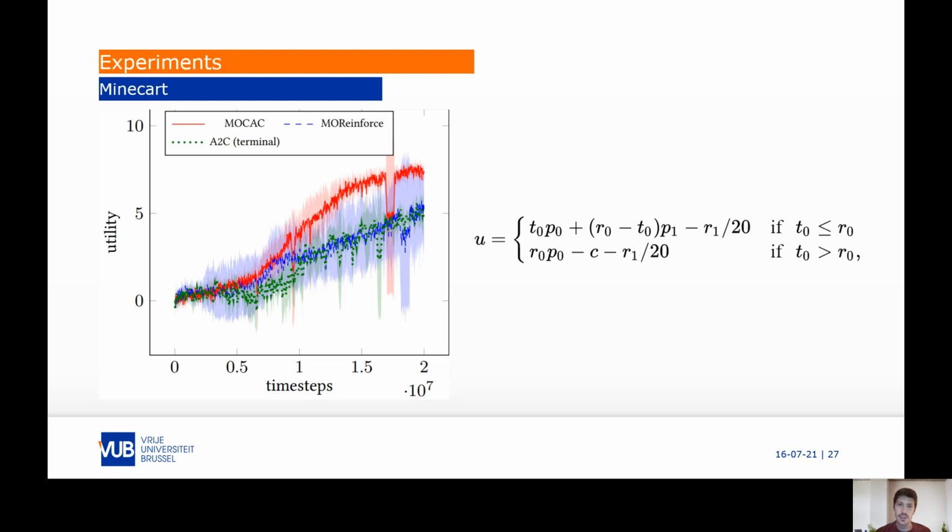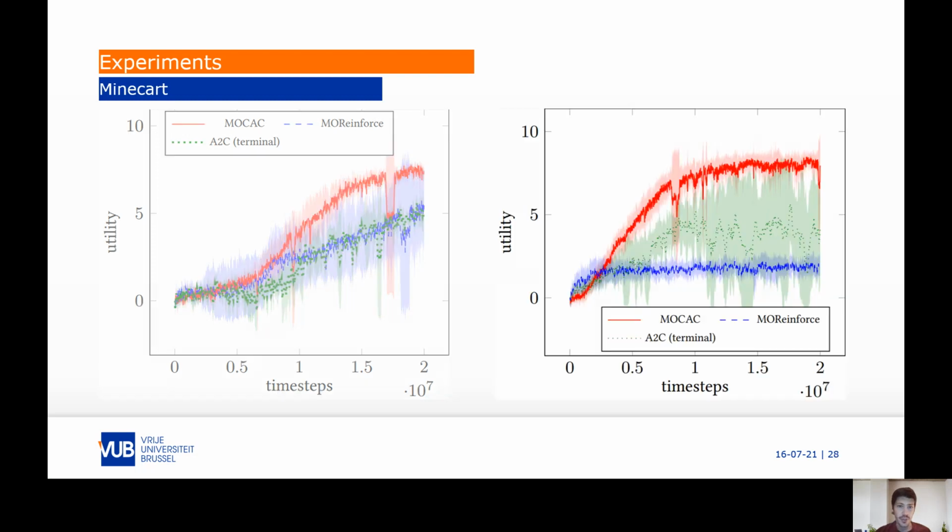A second experiment we did is exactly the same, except that we use a pixel variant of the environment, where we take the frames as inputs, we pass them to a convolutional net similar to the Atari games, and then we use the same utility function.